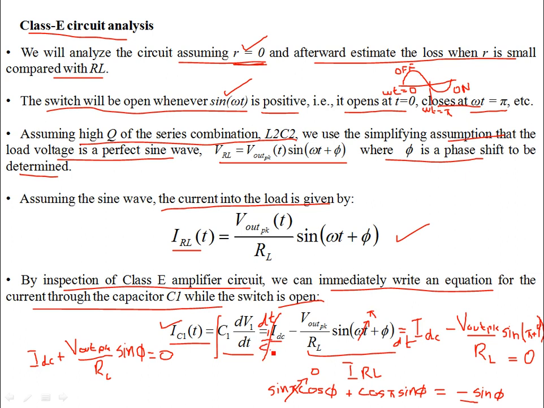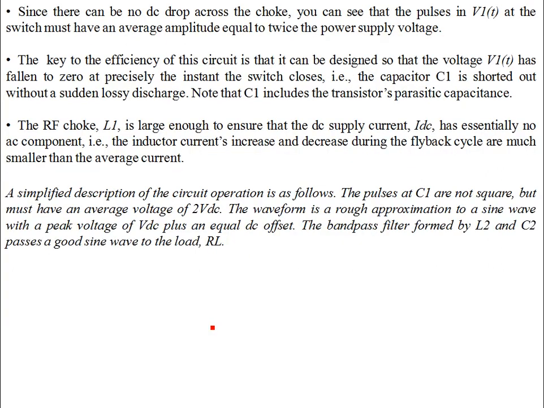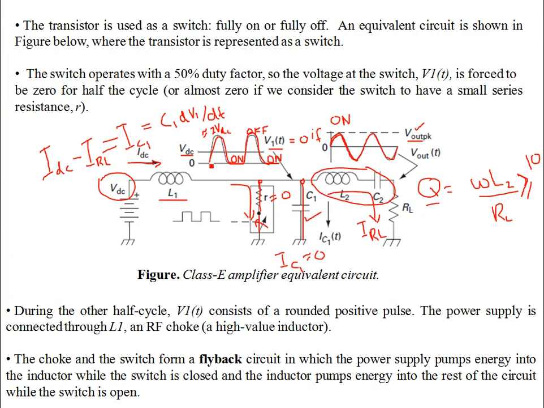What you get on the left hand side is not IC1, this becomes V1(t). So that's your node voltage. If you recall, this node voltage is pulsating. So that's precisely your V1(t) over here. It's pulsating like this with the constraint that at omega t equal to pi the switch closes, and at omega t equal to 0 the switch is open.